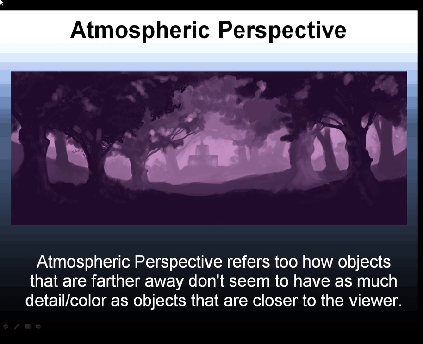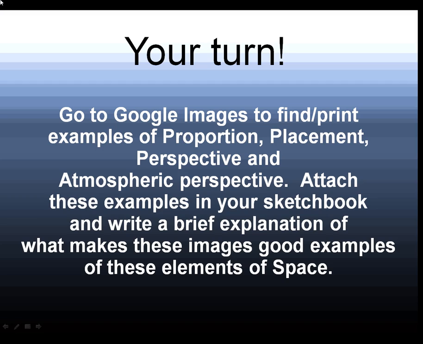So what I want you to do is go right now, at the end of this video. Instead of asking questions, I want you to find examples of placement, proportion, perspective, and atmospheric perspective. Go to Google Images.